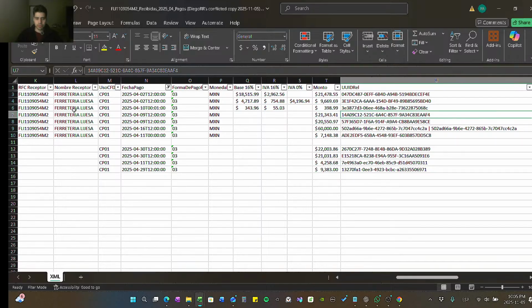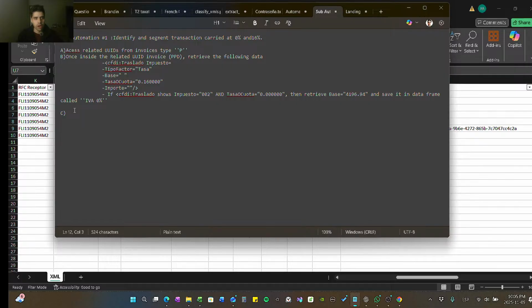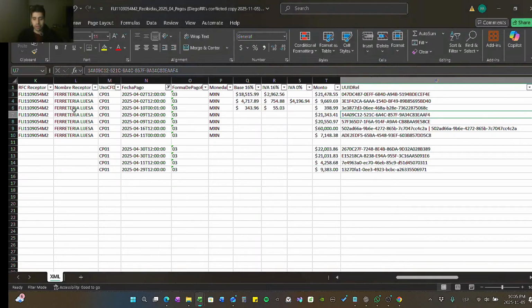So let's do one more, because the reason why I'm contemplating the screen right here is because I'm trying to think what's the best next immediate step here. Once I retrieve all that information that I need from the invoices, the related invoices, I think that I know what I have to do, but I will just let my brain adapt to this piece of information that I just got.